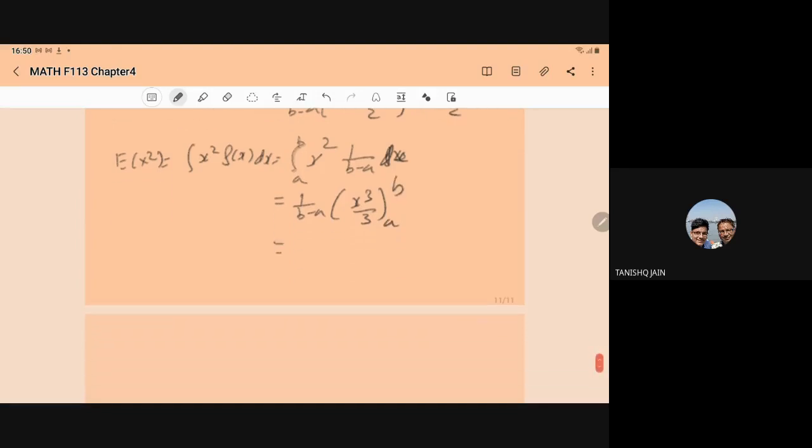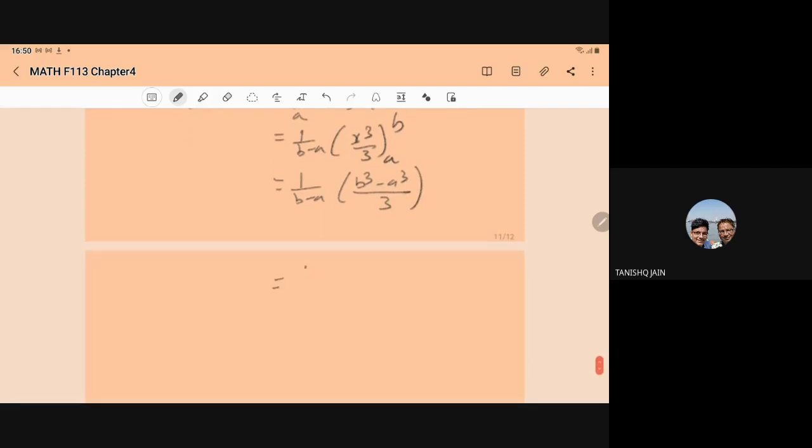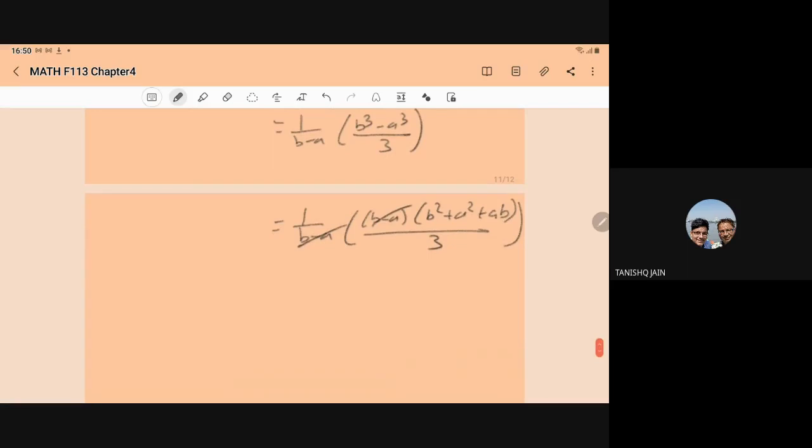So that will be 1 upon b minus a, b cube minus a cube upon 3. So it will be 1 upon b minus a and b minus a, then b square plus a square plus ab upon 3. So b minus a will cancel out. So E of x square will come b square plus a square plus ab upon 3.